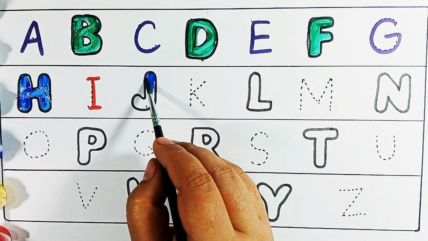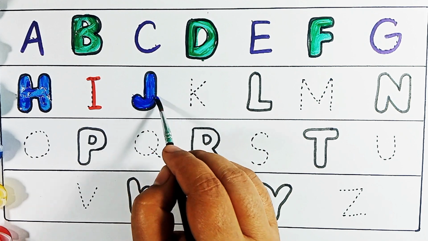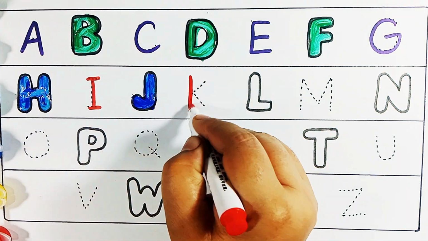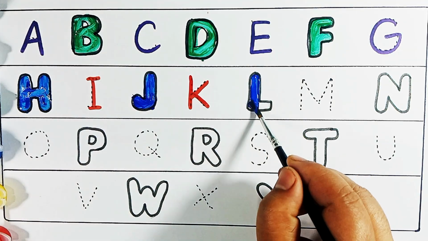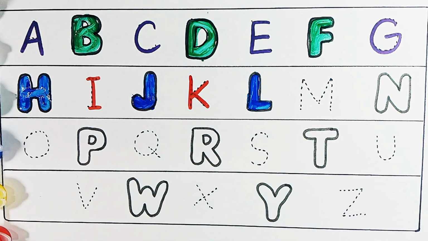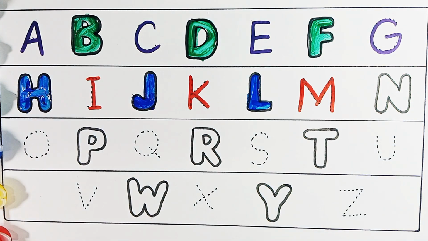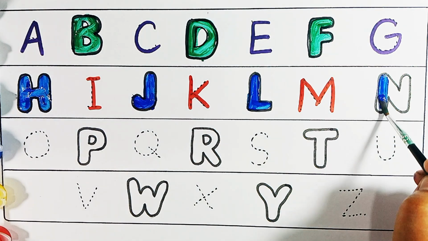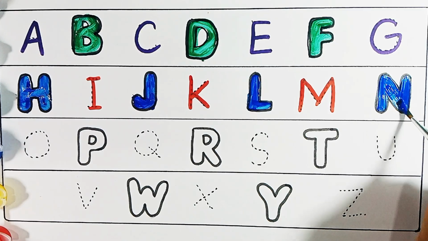J is for joker. K is for kite. L is for lemon. M is for mango. N is for nose. N is for nest.